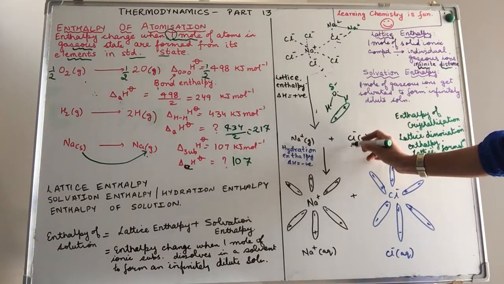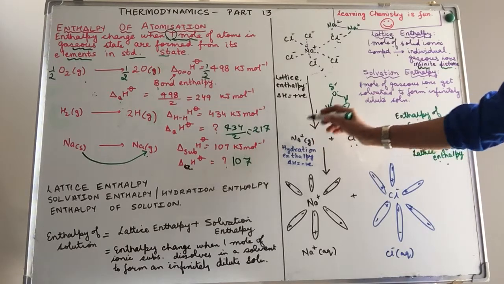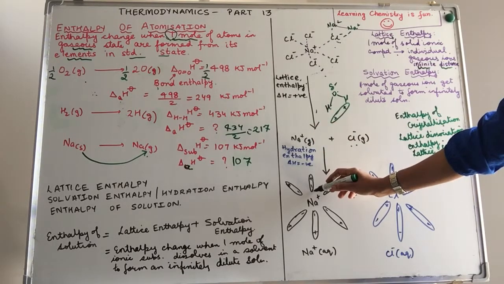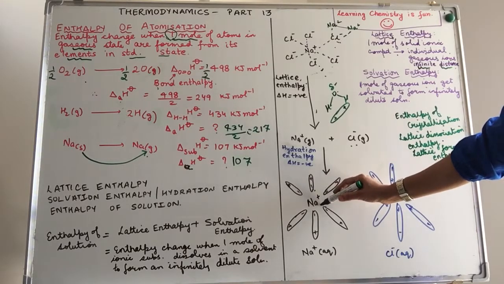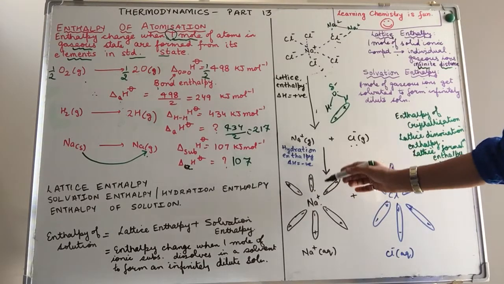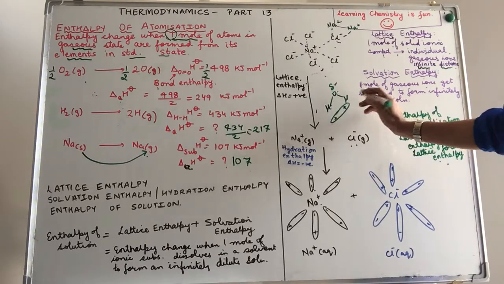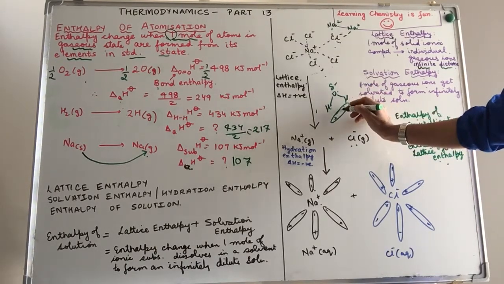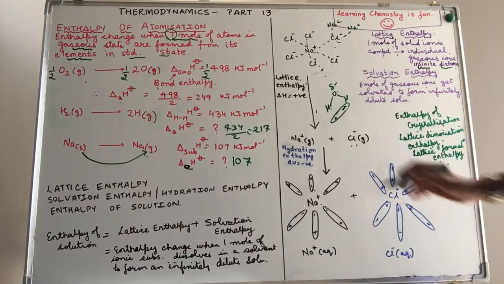The next step is the surrounding of these sodium ions by the water molecules with their oppositely charged polar end facing each other. Now let me put it in simple terms. Sodium is positively charged. The negative end of the water molecule gets attracted towards the positive sodium ions.